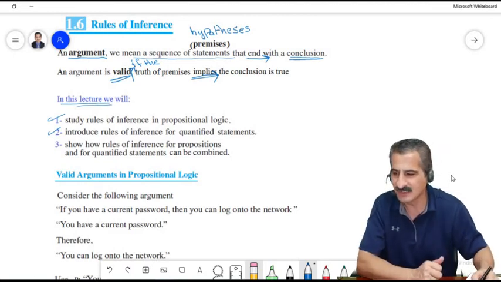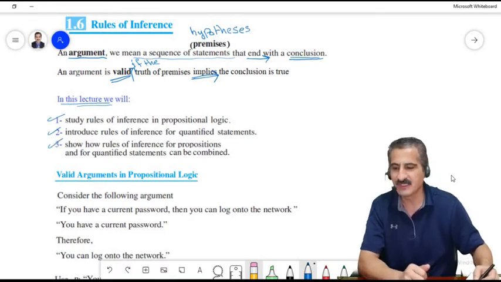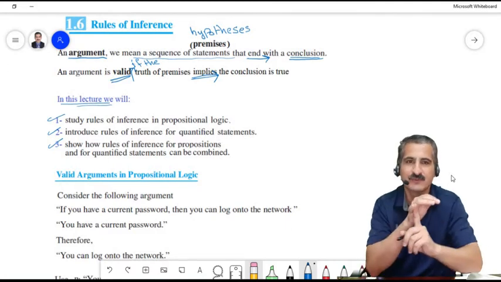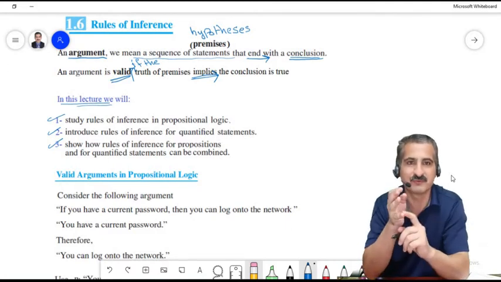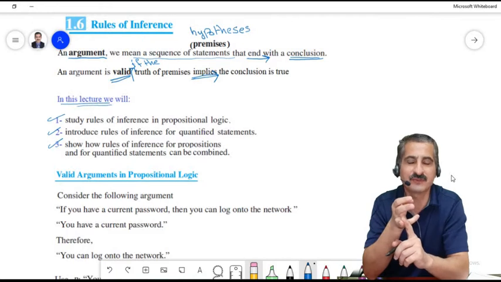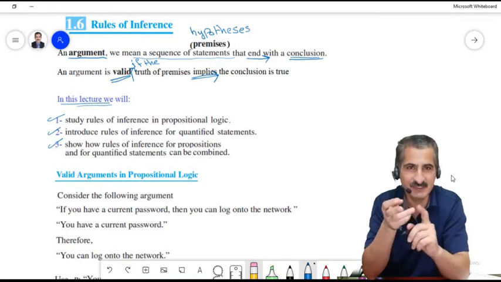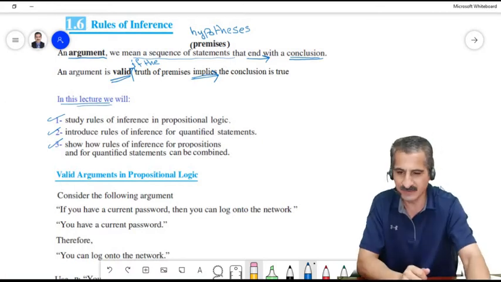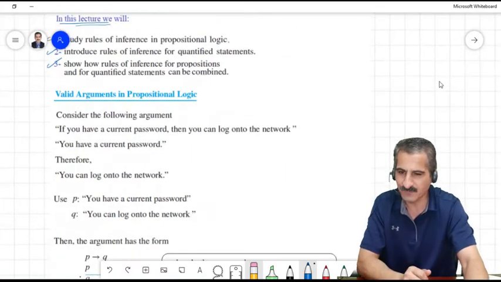And then show how the rules of inference for propositions and for quantified statements can be combined. So first, rules of inference for propositions. Second, rules of inference for quantified statements. Third, combine these two together. Okay, this is our plan for today's lesson.